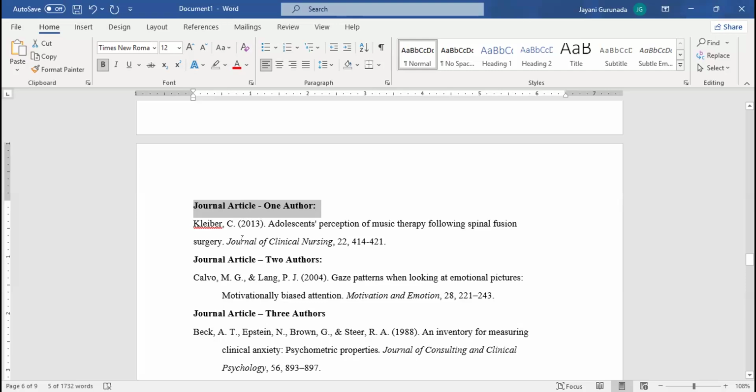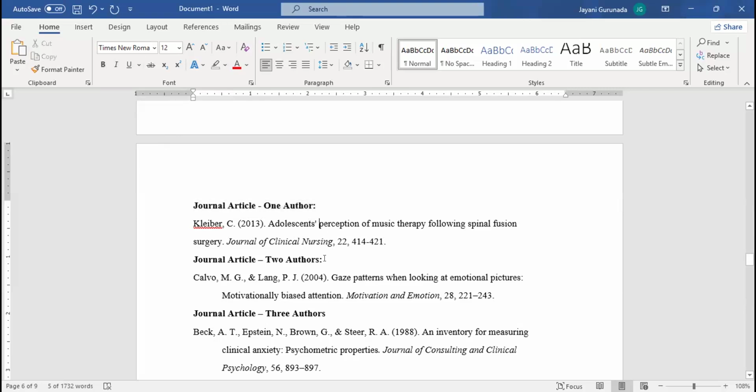Then the name of the journal should be italic. Can you see this? Italicized. To italicize, use the taskbar here: bold, italic, underline. Then the volume, then pages. 414 to 421 means the pages.